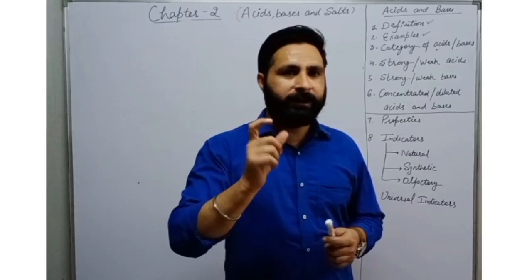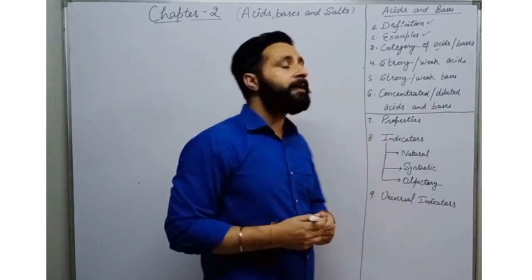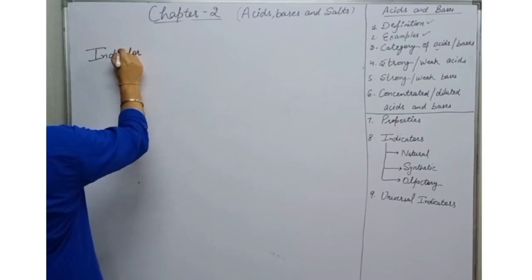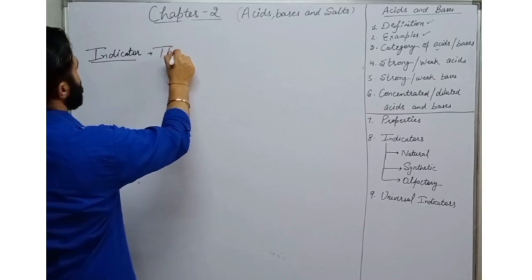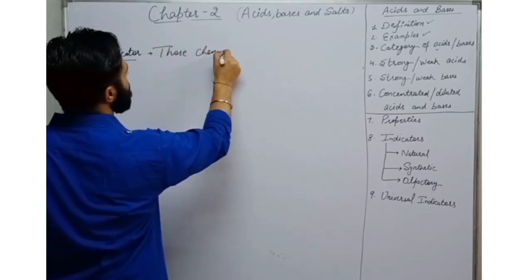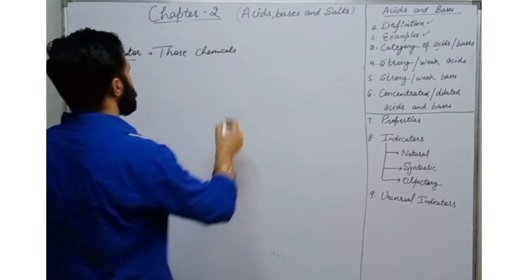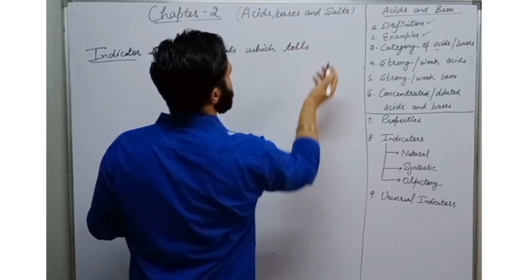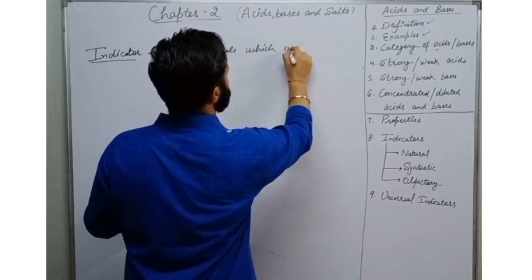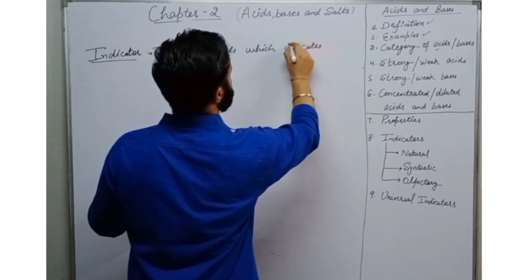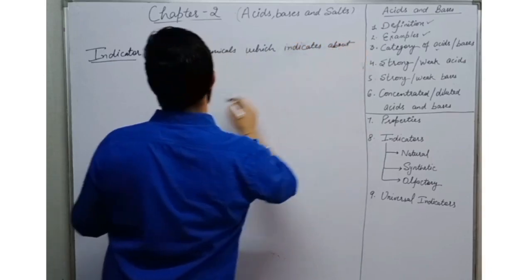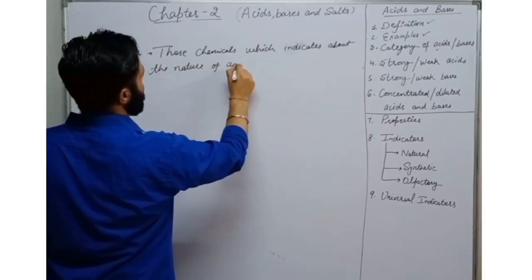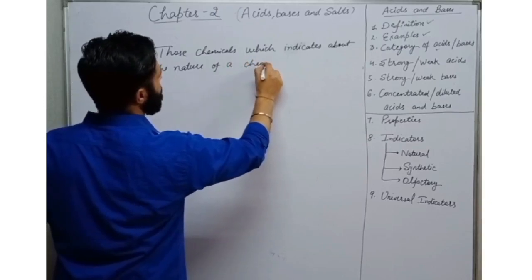So first, the definition. What is an indicator? Those chemicals or substances which tell or indicate about the nature of a chemical.